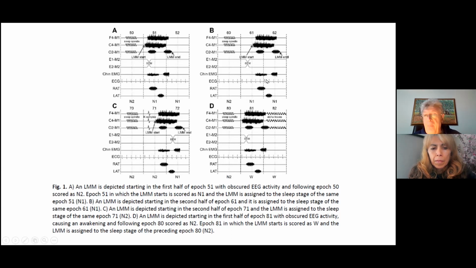If we add this movement and we add alpha waves here so that this epoch had been scored wakefulness, this movement would not be counted because it occurs during wakefulness. I hope that this was clear enough.